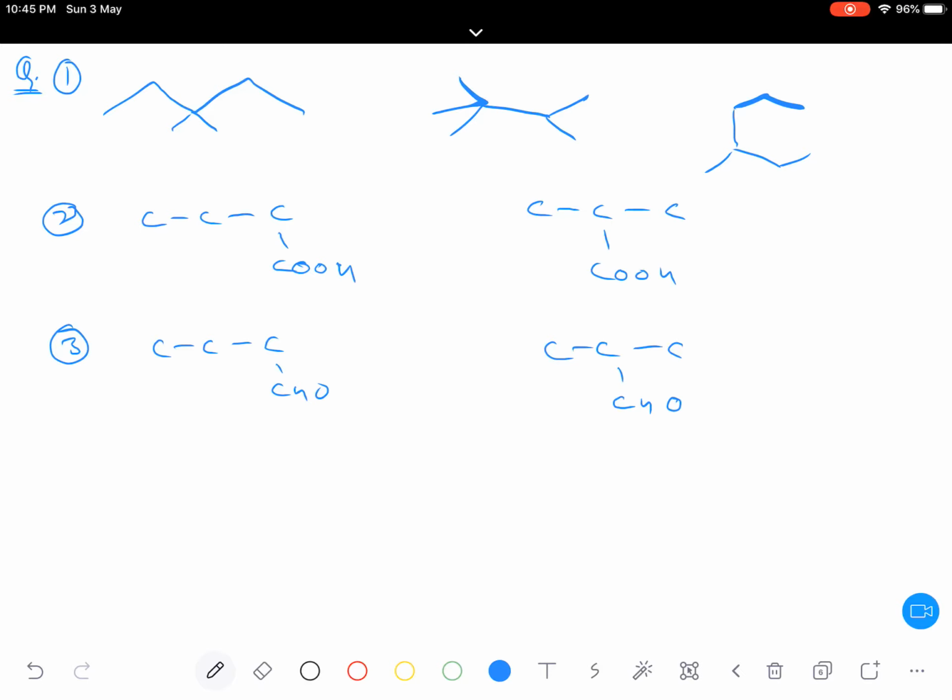Fourth one, CCC, OH, CCC, OH. You have to figure out, out of these 4 questions, the pairs which are chain isomers to each other. That will be your homework.